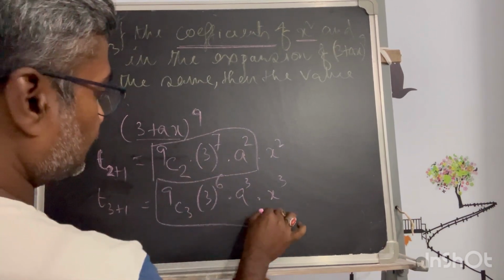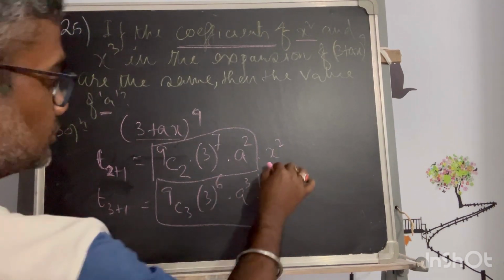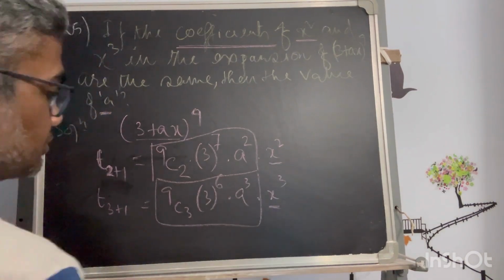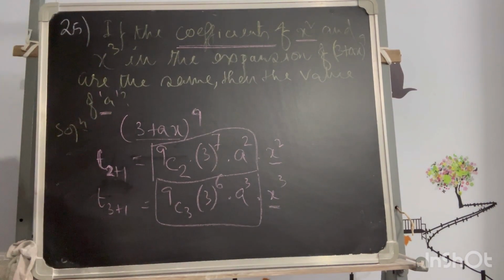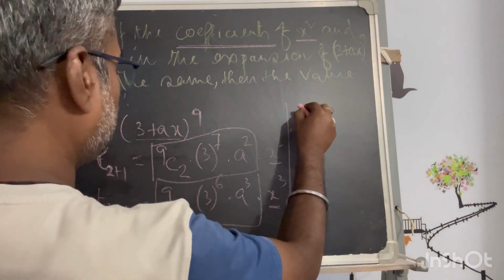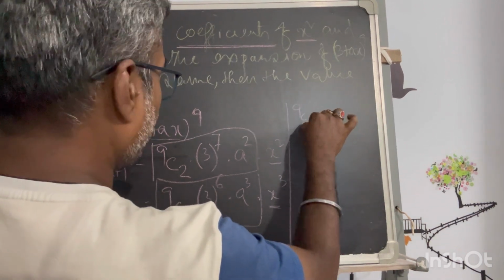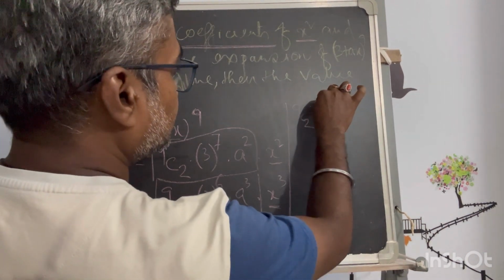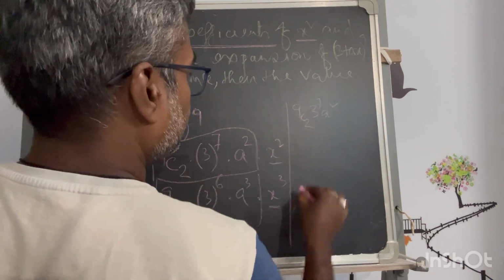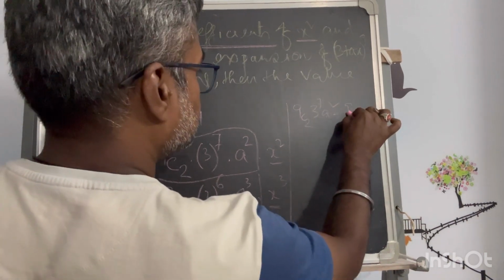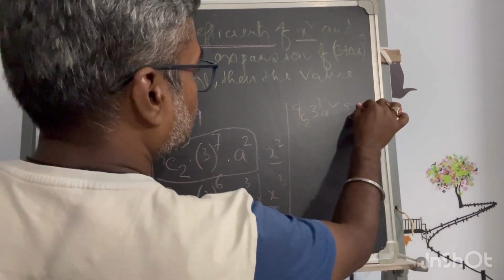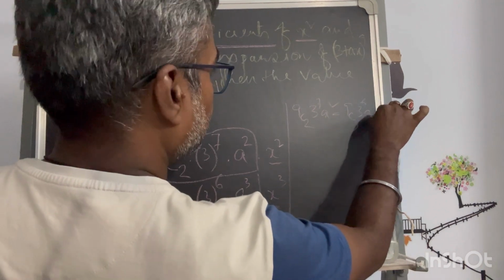Since the coefficients are equal, as per the condition: 9C2 times 3 to the power 7 times a square is equal to 9C3 times 3 to the power 6 times a cube.